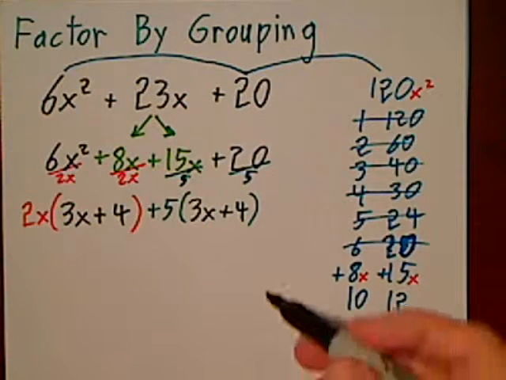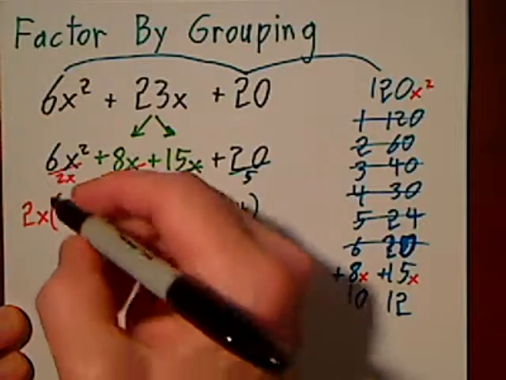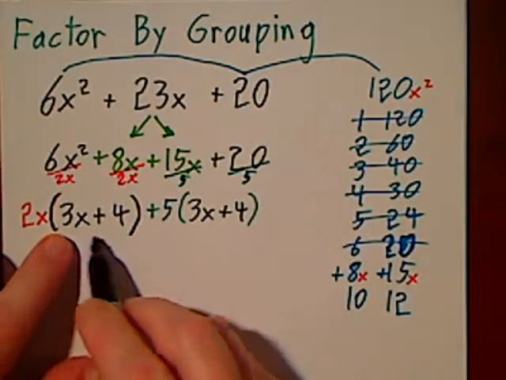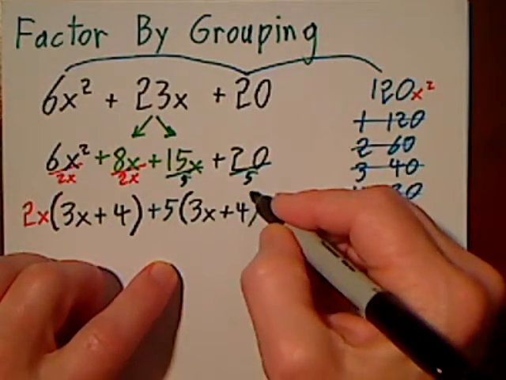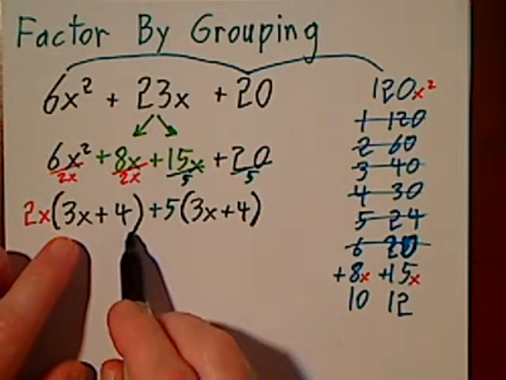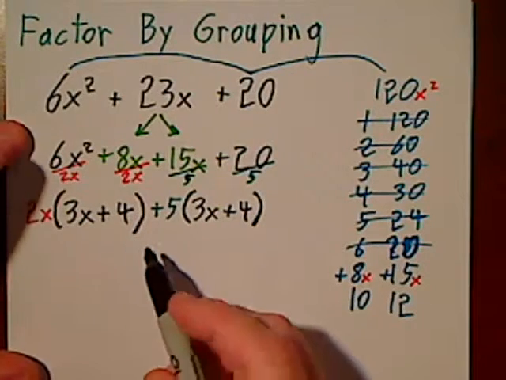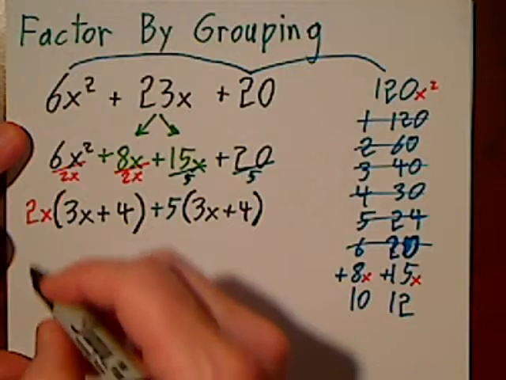And now you basically repeat the process of factoring out the GCF. But notice, you have a 3x plus 4, and you have a 3x plus 4. So it might seem kind of strange, but this quantity in the parentheses, that's your GCF. And when you factor something out, you put it in front of the parentheses.